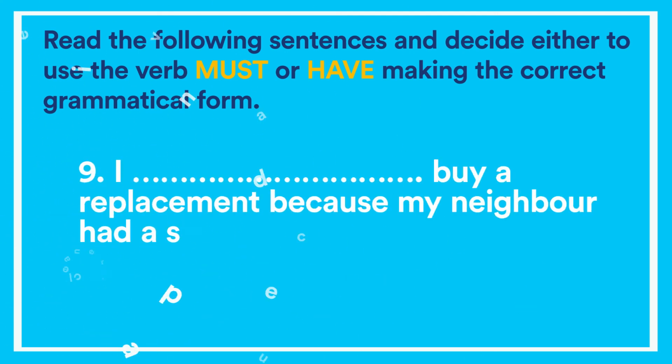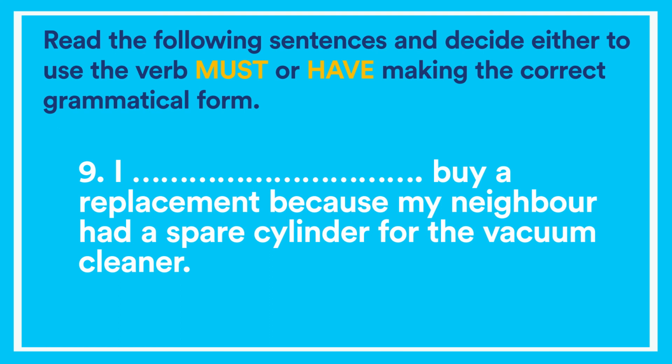I buy a replacement because my neighbour had a spare cylinder for the vacuum cleaner. Use the verb didn't have to. I didn't have to buy a replacement because my neighbour had a spare cylinder for the vacuum cleaner.